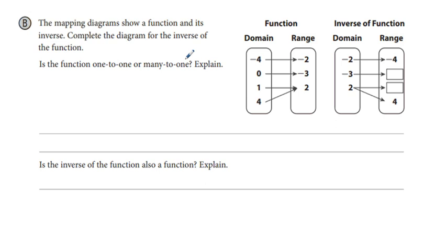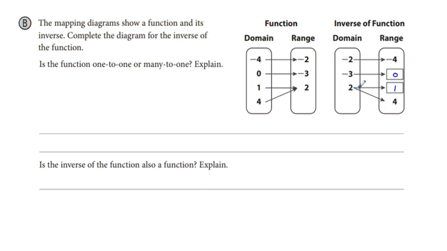Okay, here we have another mapping diagram. Is the function one-to-one? Well, here at the bottom, the input of 1 can have an output of 2, or the input of 4 can have an output of 2. So if we take the inverse of that function, 2 can have an output value of 1 or 4. Now in this case, for the domain of 0, range of 3, well, the -3 will map to 0.